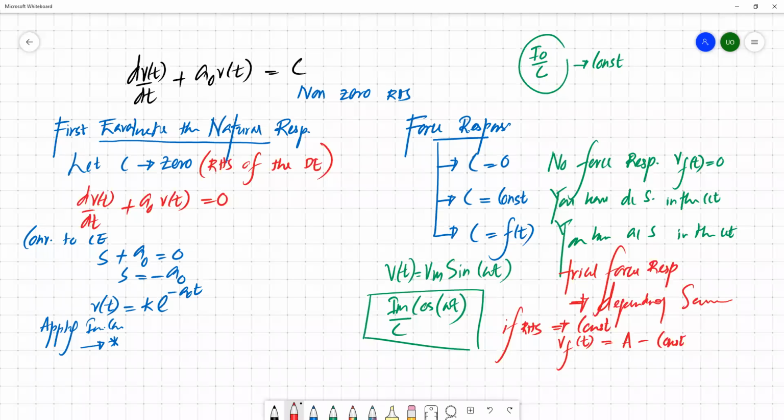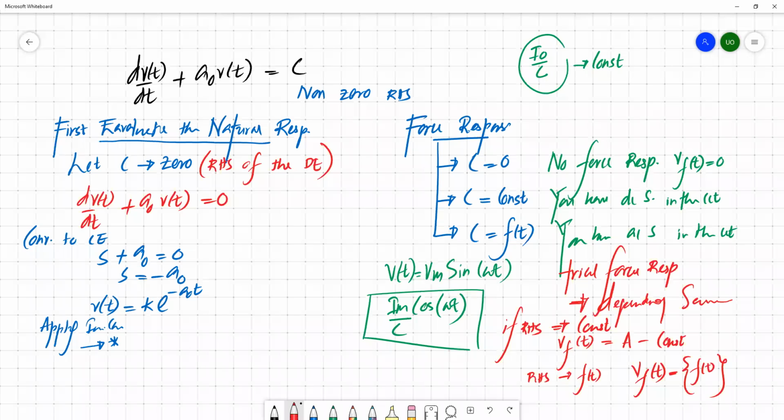If your right hand side is a time varying function, you can propose a trial forced response which is in sync with f(t).